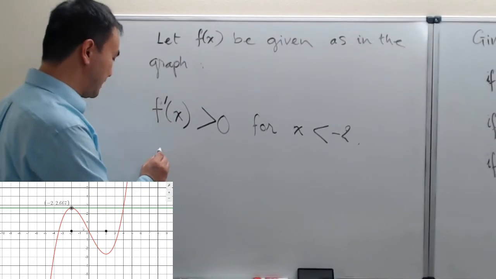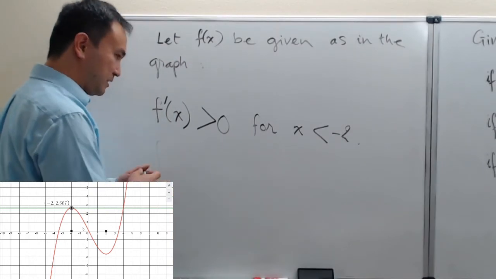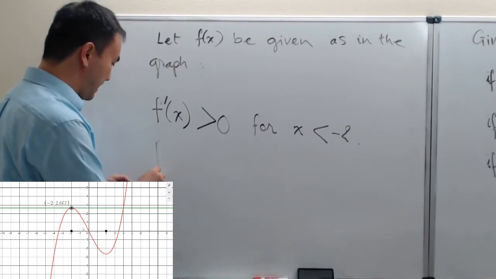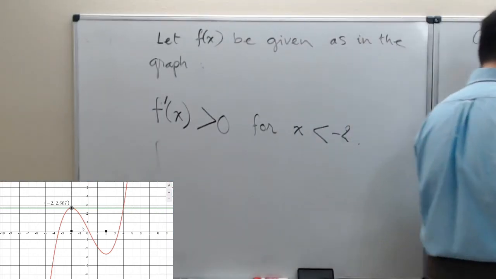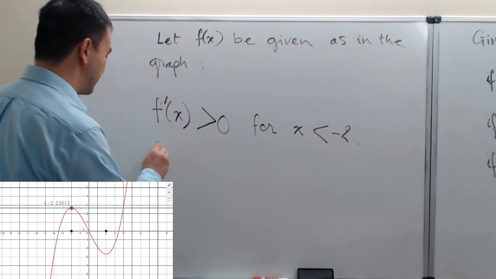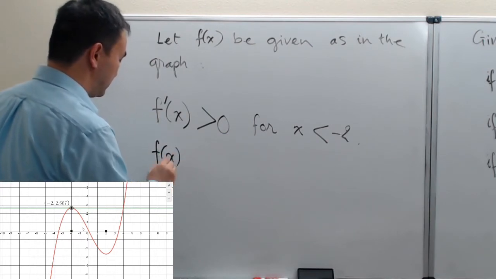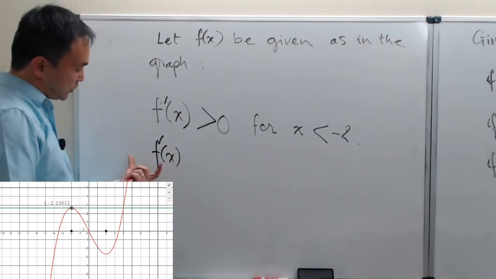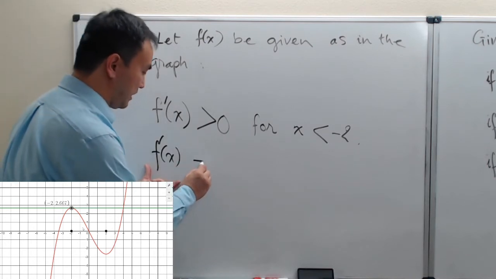So graphically speaking, I can see that f prime of x, the slope of the tangent line, has to be equal to 0.